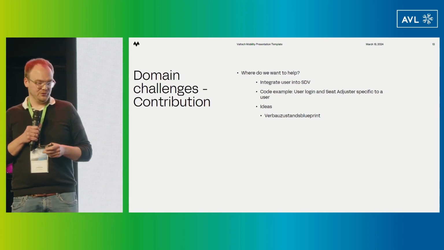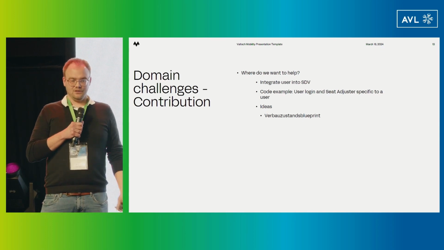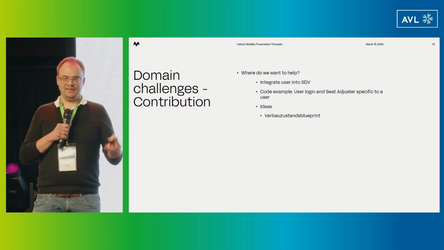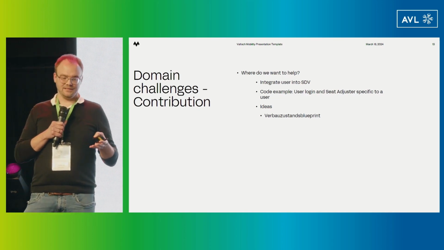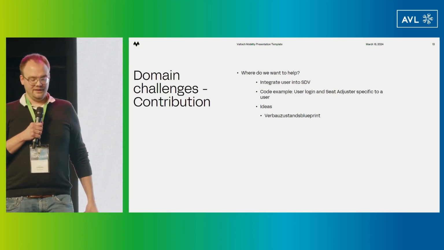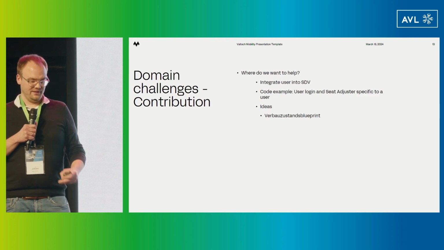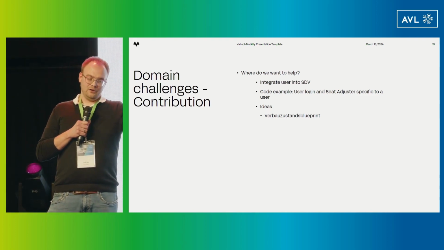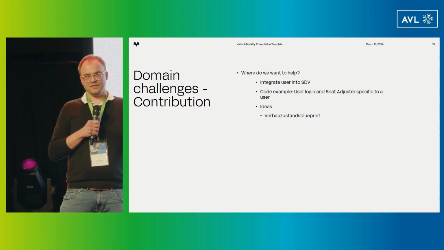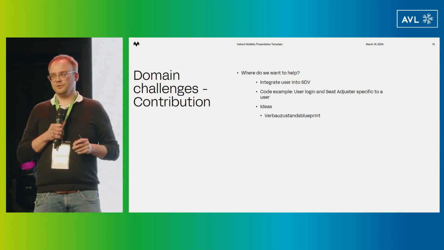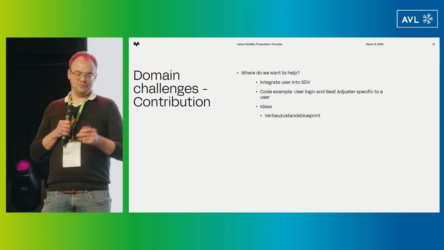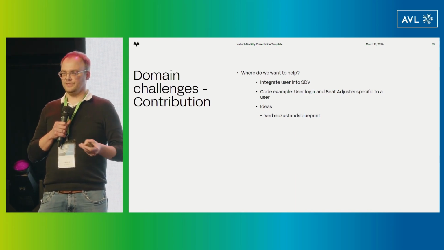That would be our contribution, or where we'd like to work, and maybe define a concept of how to integrate things like a user in this whole SDV ecosystem. Other things would be looking at those business processes and where we could contribute. But at the first start, we think that a user would be great to have and to integrate.